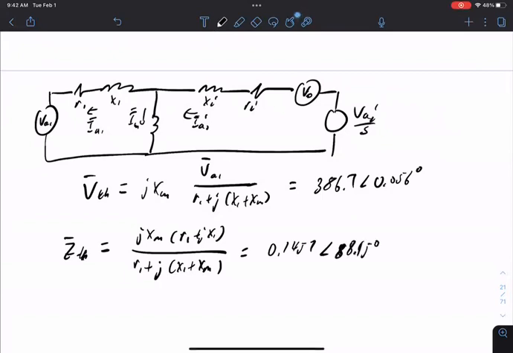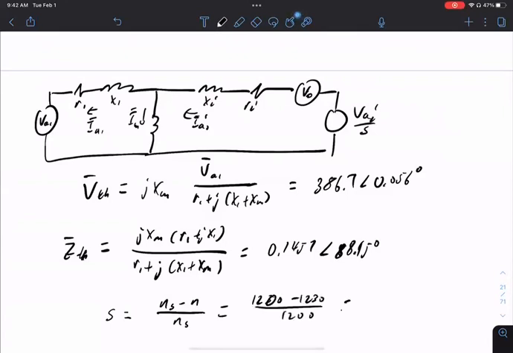So this is the Thevenin equivalent voltage and Thevenin equivalent impedance. Then let's compute the slip. We always need a slip to do this question. So (NS minus N) over NS, 1200 minus 1230 over 1200, which is minus 0.025. So this is our slip, and we have our basic circuit set up.